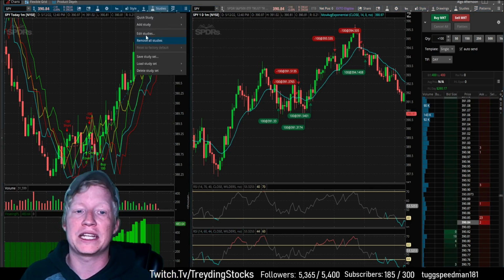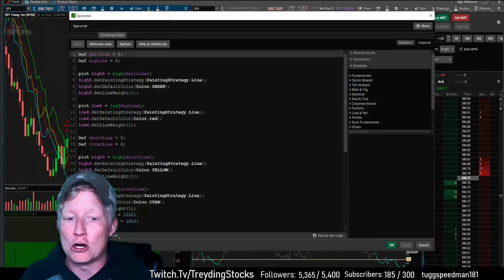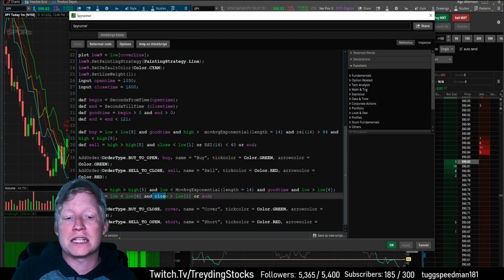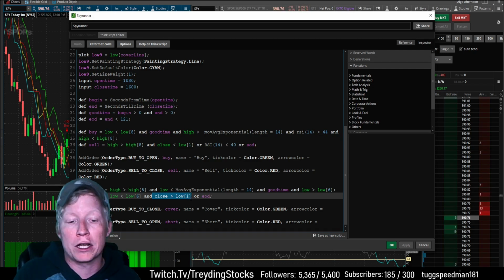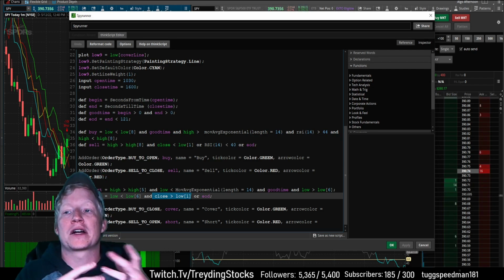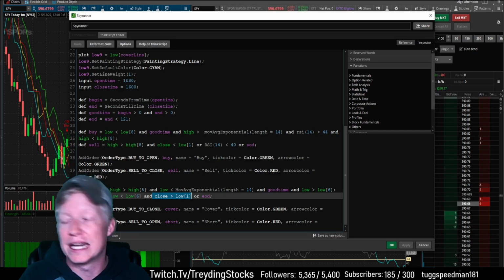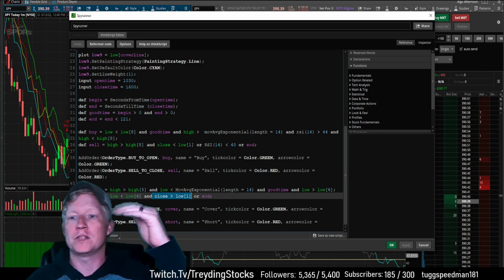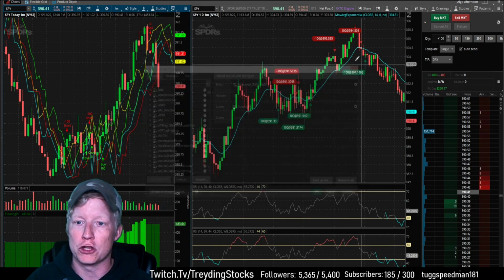Also, I completely butchered my understanding of the low exit during this. So close has to be greater than the low of a bar ago. That's where the cover condition will exit. It's still a maximizing condition. It just means that if you have a bar, well, let's see, I can show you the short I took.